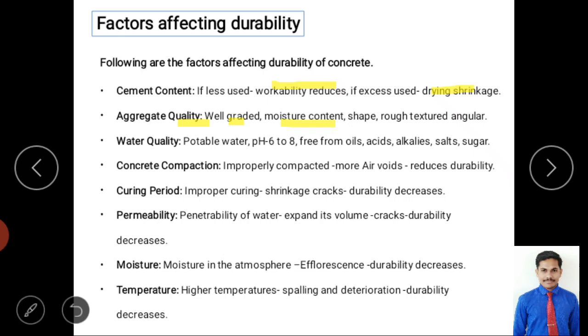Moisture content should be less, and the shape of the aggregate is very important. To get good durability, rough textured angular aggregates are good. So well graded is required, less moisture content is required, and the shape of the aggregates plays the main role in durability.